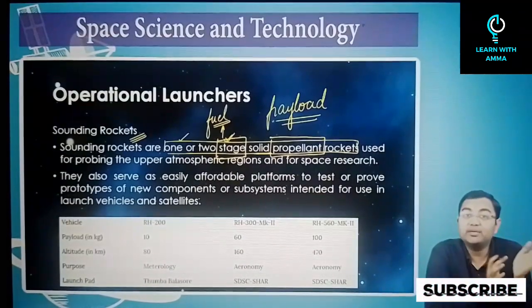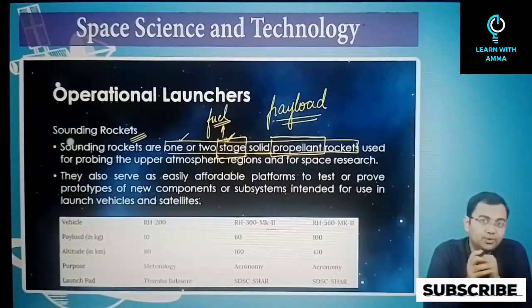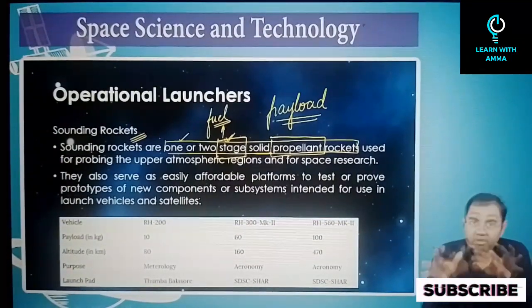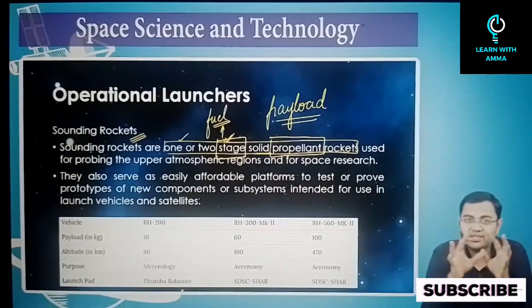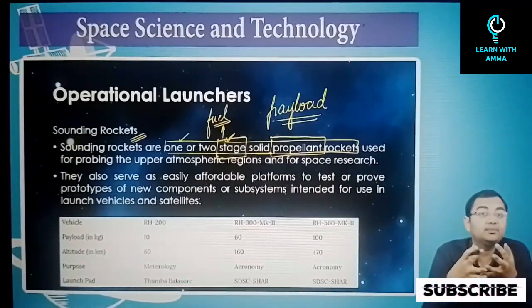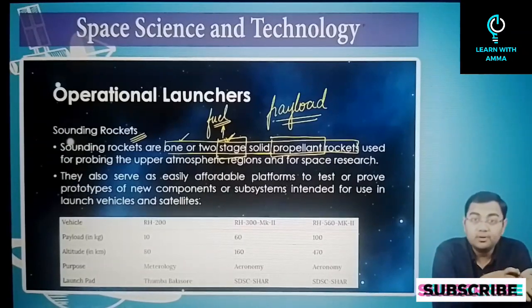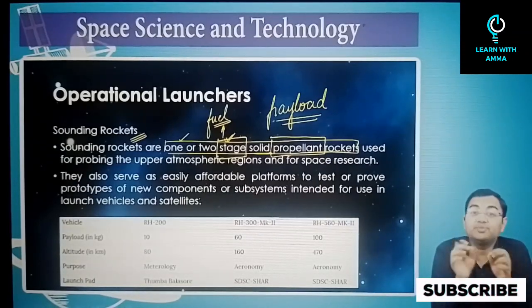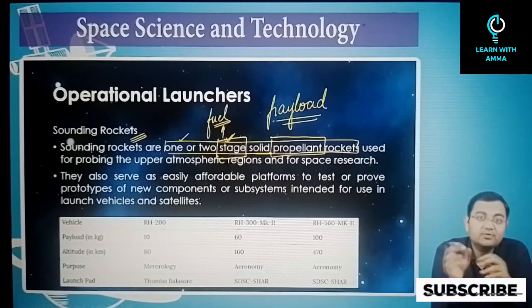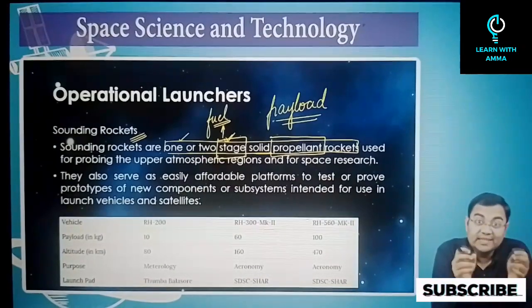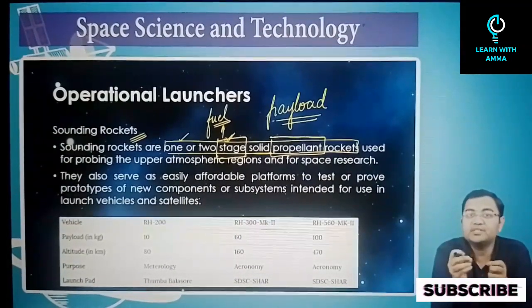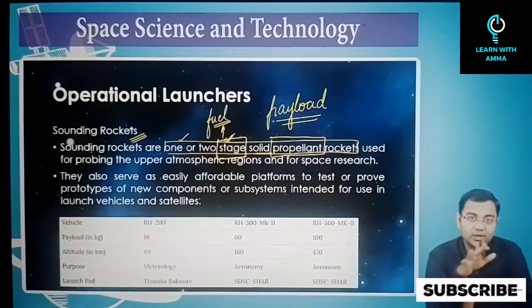That there are four compartments in which the fuel is being stored in the launch vehicle. These terms, like one stage, two stage, three stage, you will come across whenever a satellite launch happens, or even in terms of missiles. When we discuss missiles, we'll come across these terms again: stages of a launch vehicle or stages of a missile. So this is what it means.